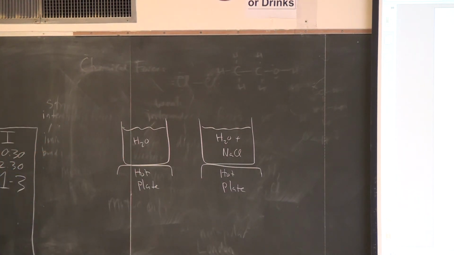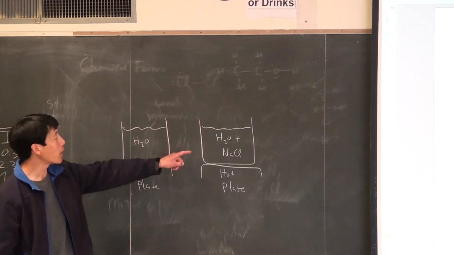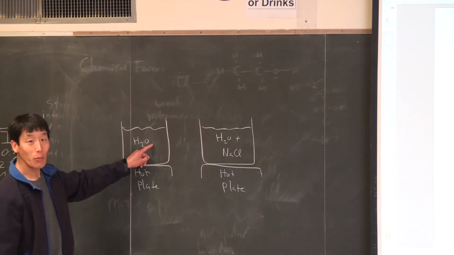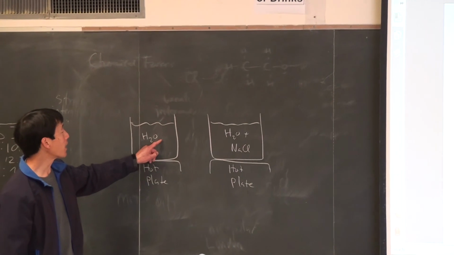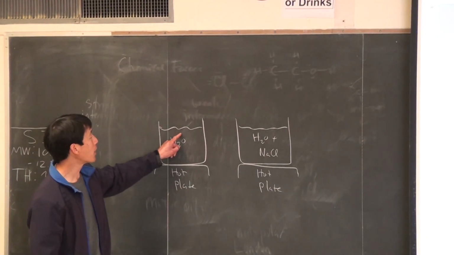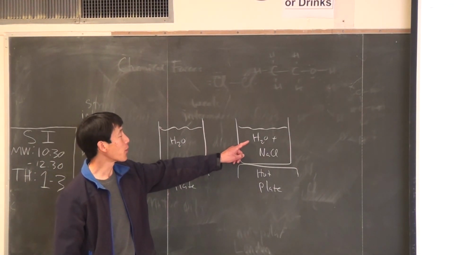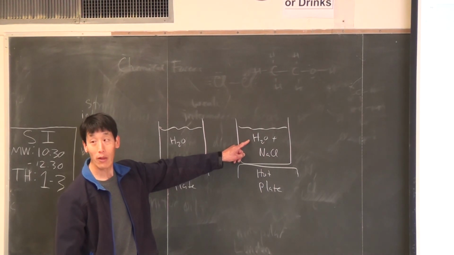That's for part B. Then for part C, it cooks the pasta and beans faster. So once these two liquids are boiling, you put in the same amount of pasta or spaghetti in this one as in this one, and this one should cook the beans or spaghetti faster.